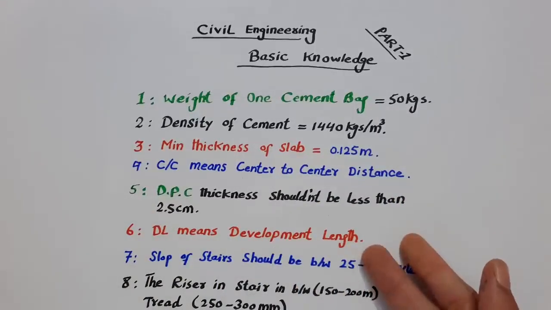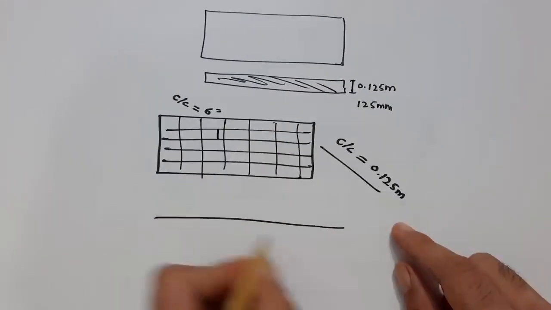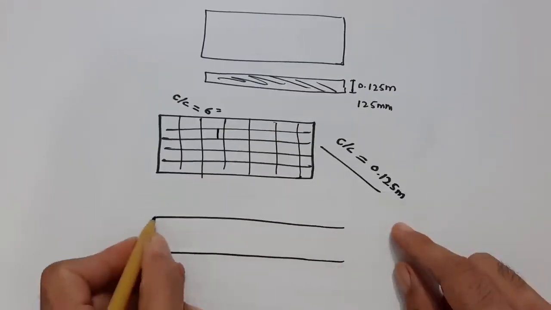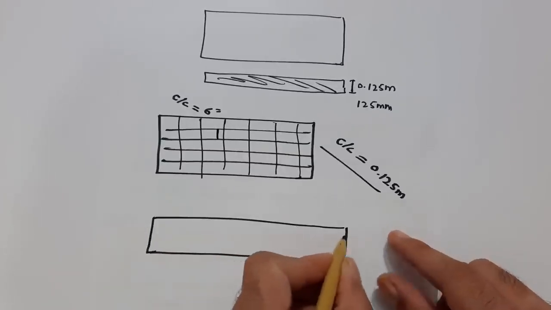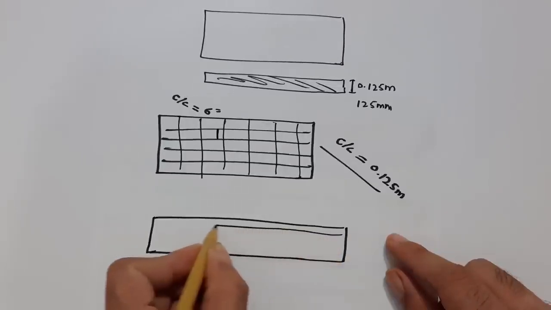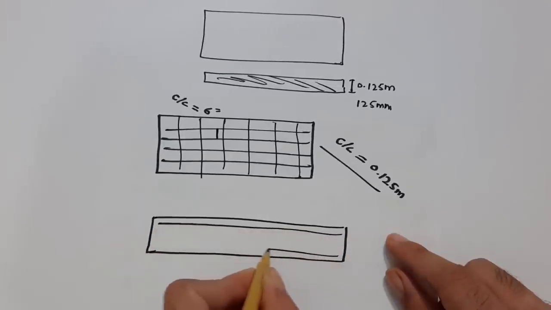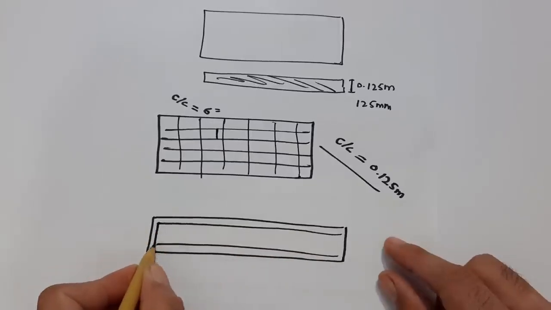Right, the sixth one is, guys, DL, meaning development length. What is development length? Guys, you can see here, this is a beam, and inside this beam I am providing the steel rods, in long section. One steel is coming to the downside and this one is going to the upward side.